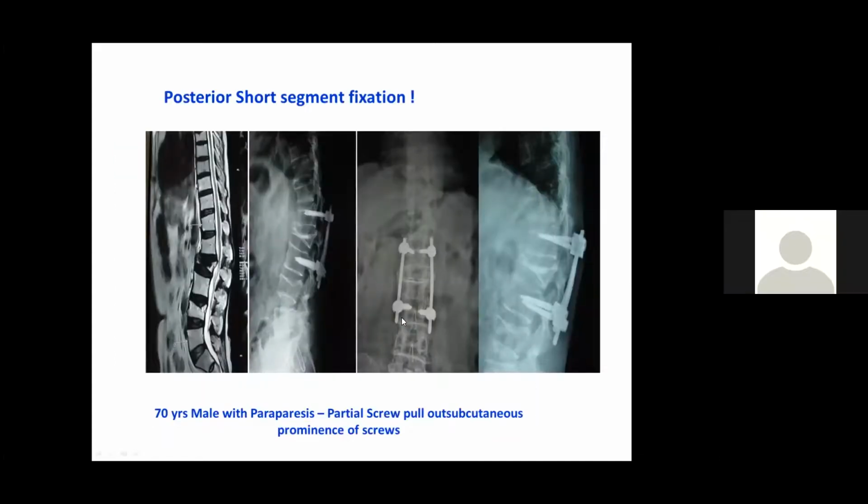So how about a short fixation? If you do a short fixation, these things may hold on for a while, but in this 70-year-old patient there is a partial pullout of the proximal screw with subcutaneous prominence of the screws. Short segment fixation, especially in osteoporotic bone, has a chance of failure.